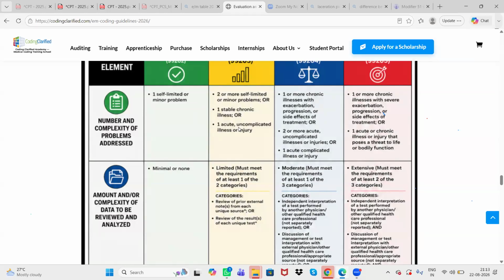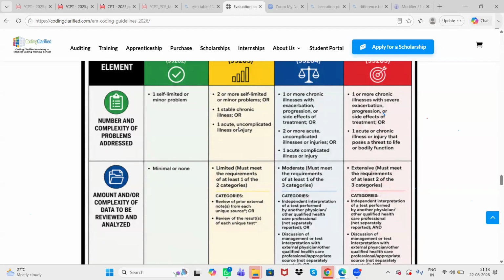Next, one acute uncomplicated illness or injury. What does it mean, uncomplicated illness? Give me an example. Fever, urinary tract infections, upper respiratory tract infection, LRTIs.